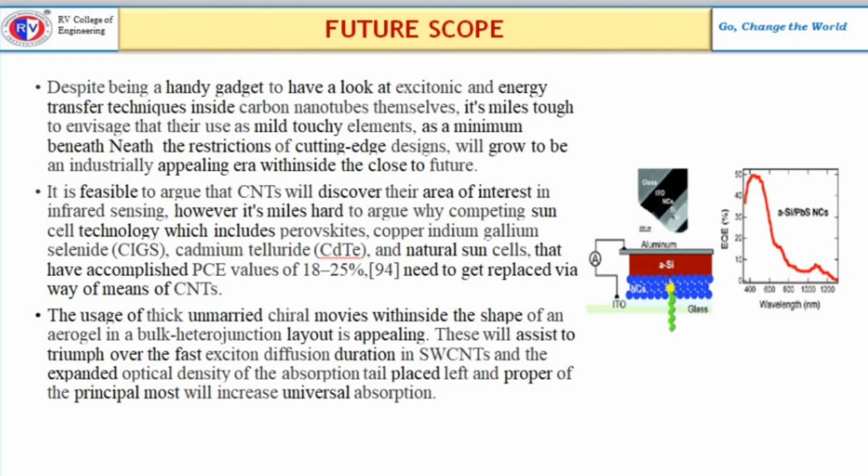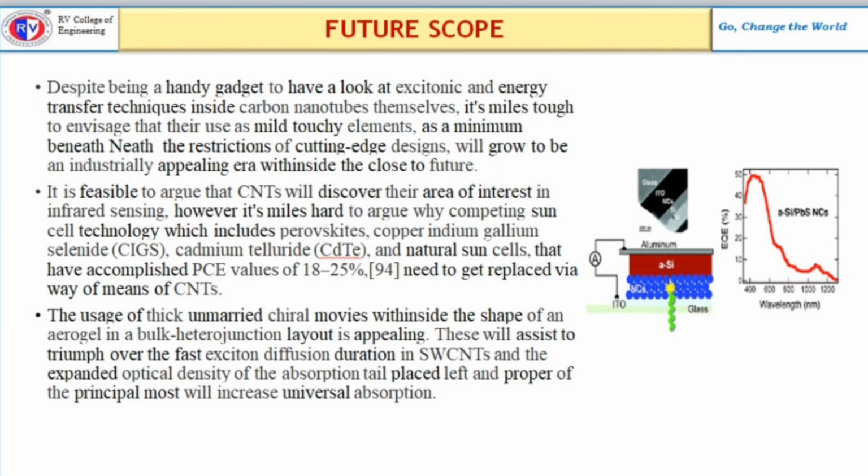Third, the use of thick and vertical films in the form of an aerogel in a bulk heterojunction design is appealing. These will help to overcome the short exciton diffusion length of single wall carbon nanotubes and the increased optical density of the absorption tail region left and right of the principal peaks will increase overall absorption.